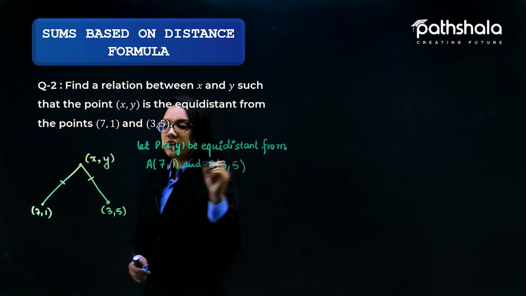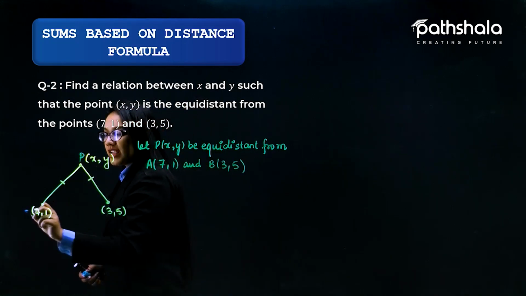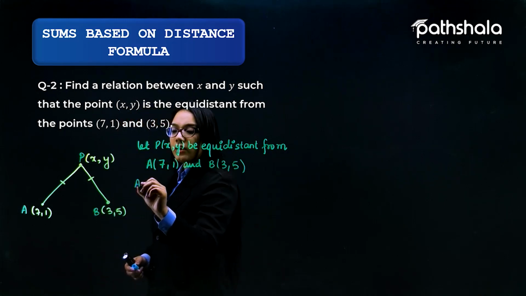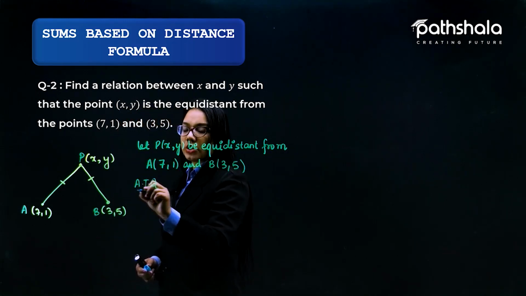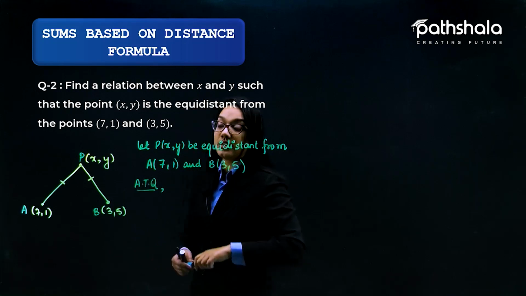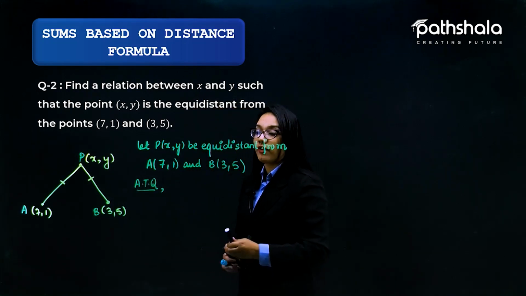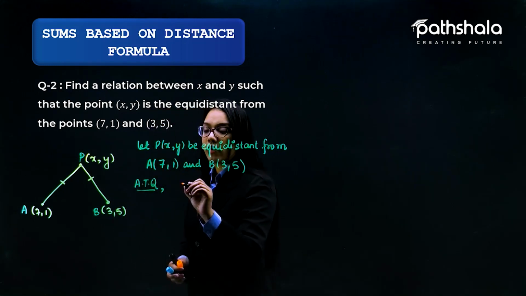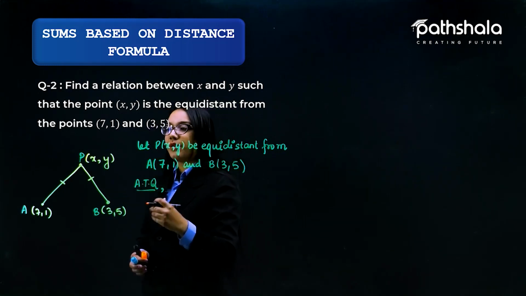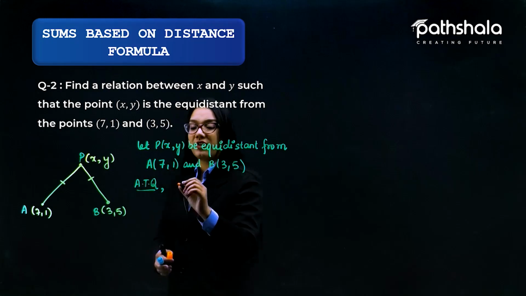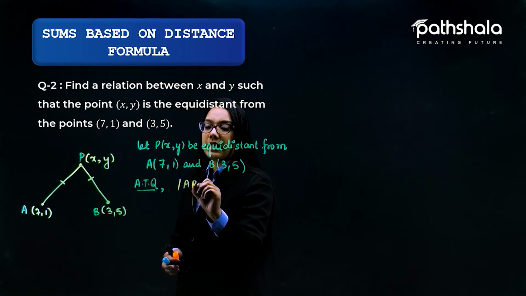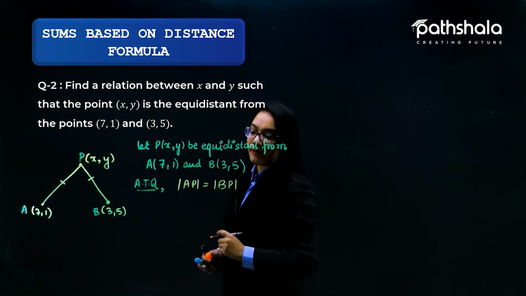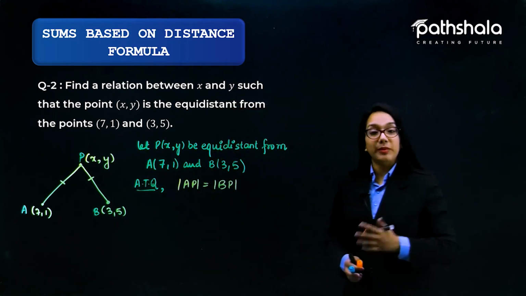So I have taken this point as P, this as A, and this as B. According to the question, as they are equidistant, the distance of AP is equal to the distance of PB. So we can say that AP distance is equal to BP distance.